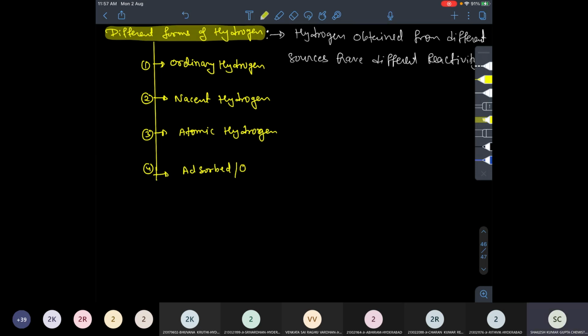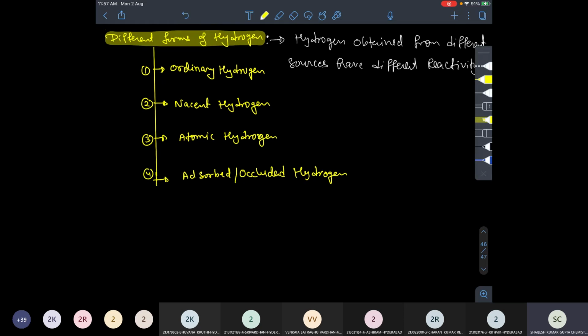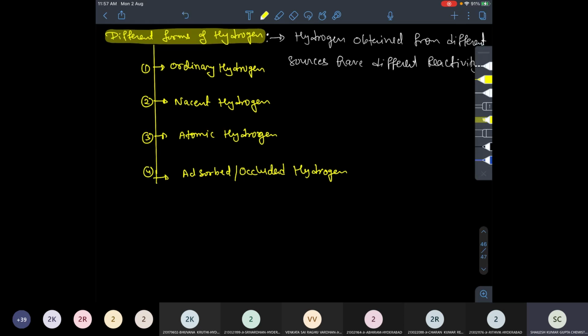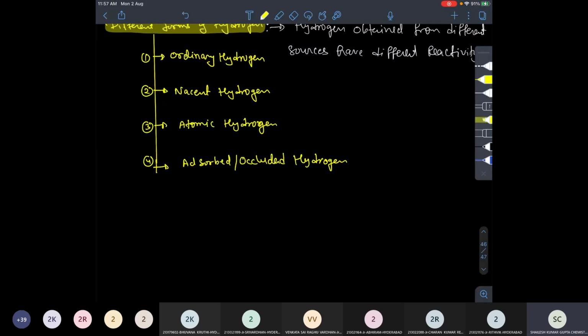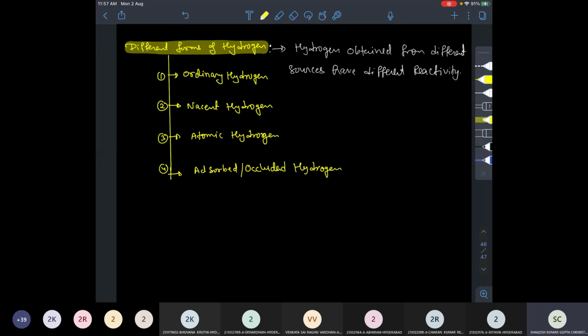So simply write adsorbed. It is okay. Other forms are also there, but I would like to restrict till here only. So ordinary, nascent, atomic, and adsorbed hydrogen.